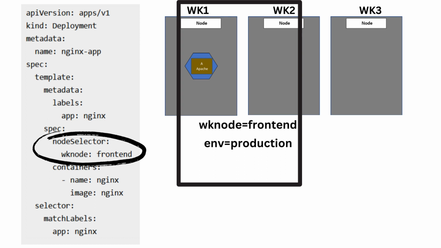You can also use ad hoc commands to add labels to nodes. And as we go on in this course, we're going to look at how to do both. So having understood this, let's get into action and see the step-by-step guide of how to perform the scheduling of pods in a Kubernetes or OpenShift cluster.